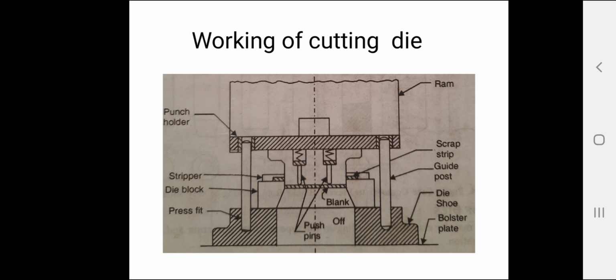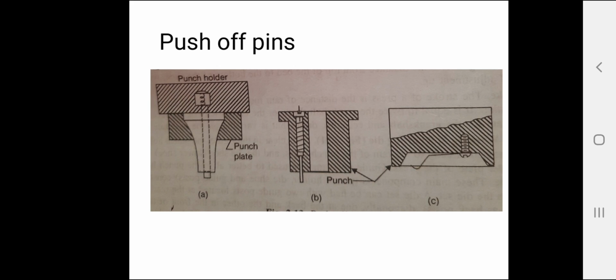Various designs of push-off pins are shown in the figure. The most popular design is a straight round plunger with a sliding feet in the punch body, as in diagram A. It is held in place by a light compression spring and a set screw.